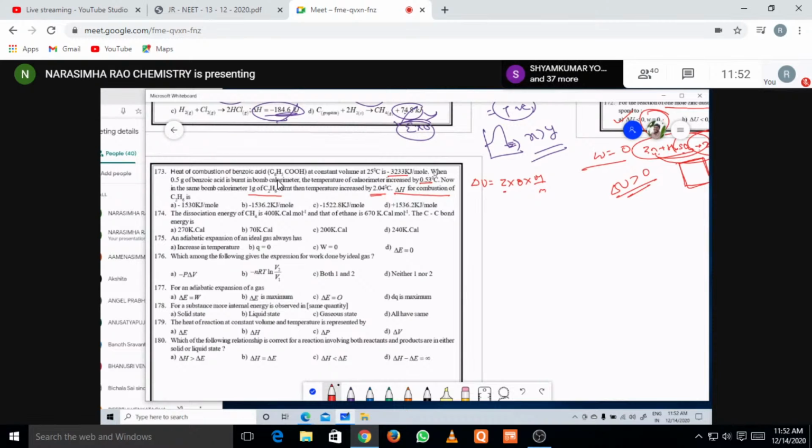Now minus 3233 is equal to Z, which we don't know, into theta, the change in temperature 0.53, into 0.5 grams. Benzoic acid molecular weight 122 by 0.5 means 244. Now 244 into 0.53.